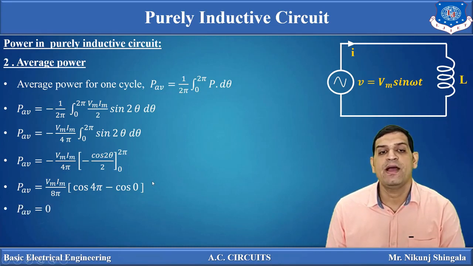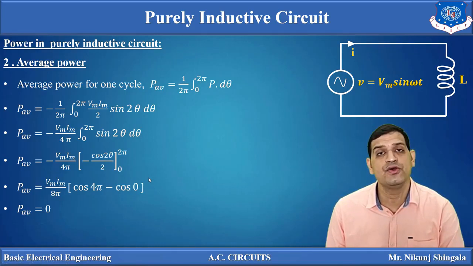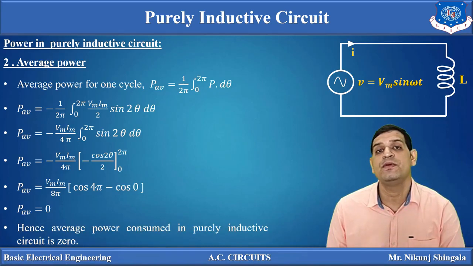Now cos 4 pi minus cos 0 is nothing but 0. So P average is equal to 0. So for the case of purely inductive circuit, average power consumed over one cycle is 0. Hence average power consumed in a purely inductive circuit is 0.